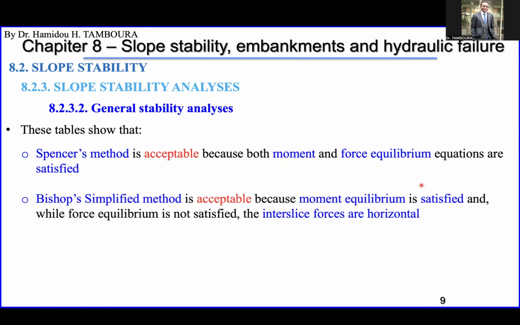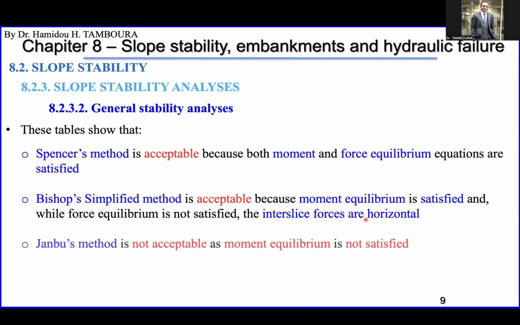So that's why we say here, this method, Bishop simplified method, is acceptable because moment equilibrium is satisfied. But even if the force equilibrium is not satisfied, the interslice forces are horizontal. Yeah.